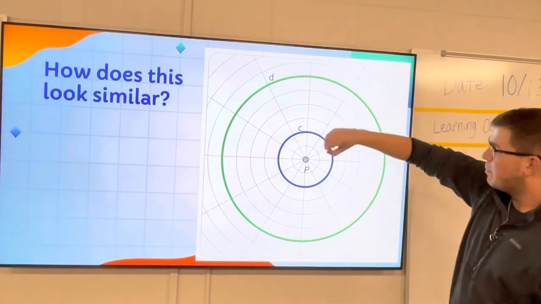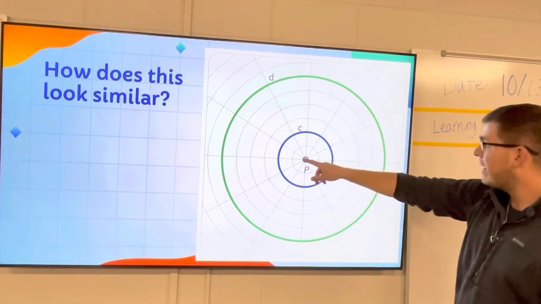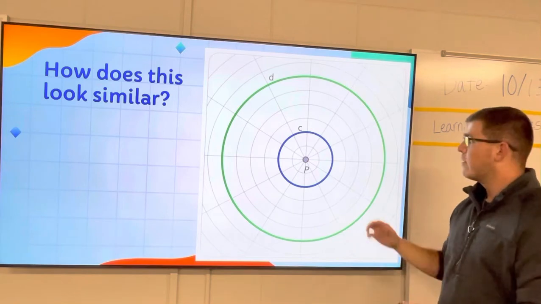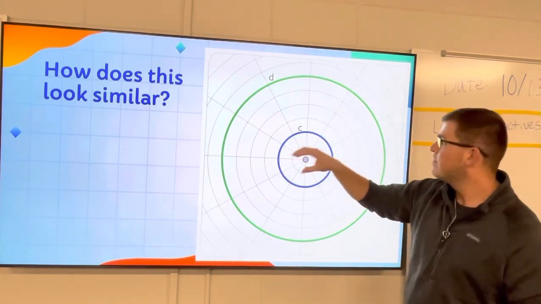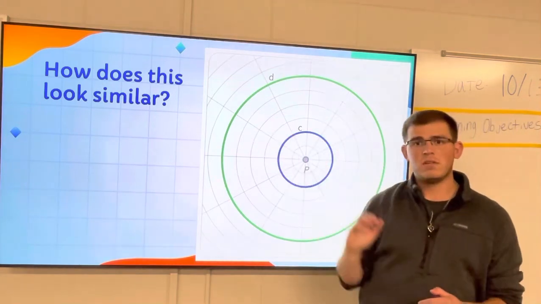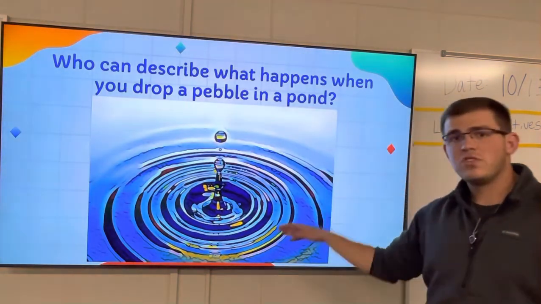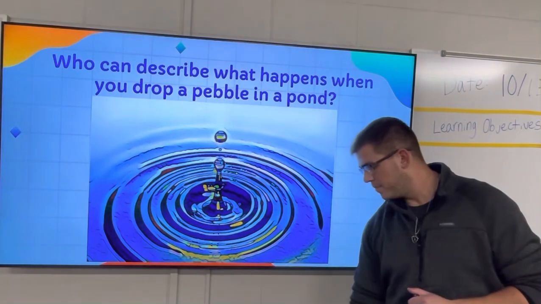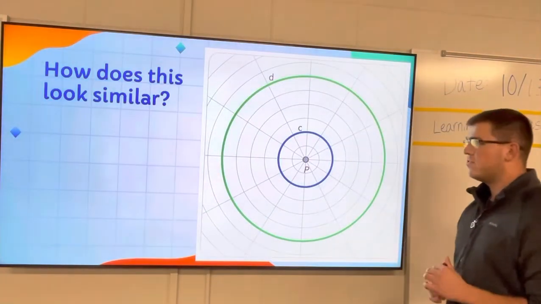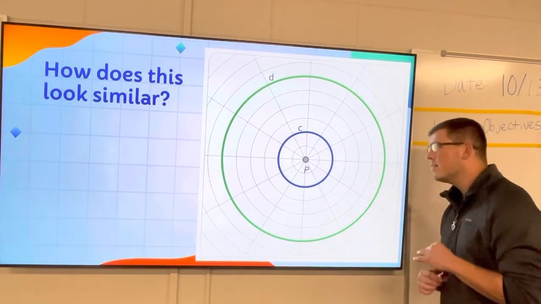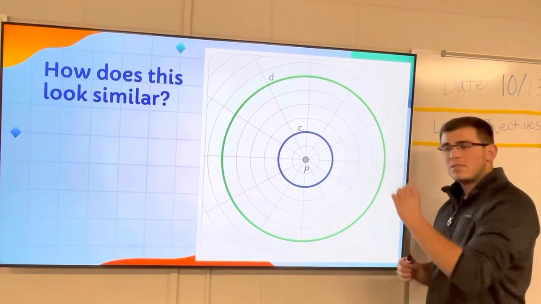Imagine that I'm dropping the pebble right at P here. All of these circles are those ripple effects in the water. So I'm just trying to give you a real world example here. How does this look similar? I kind of just spoiled it for you, but I'm hoping that you're able to see the similarities.